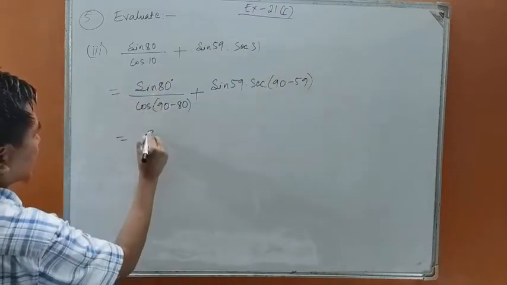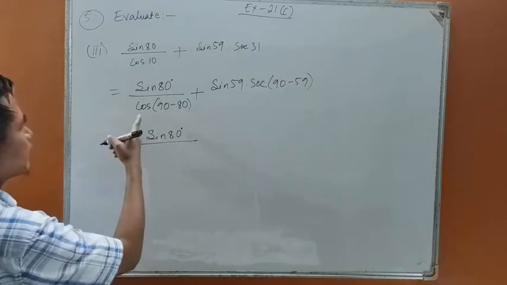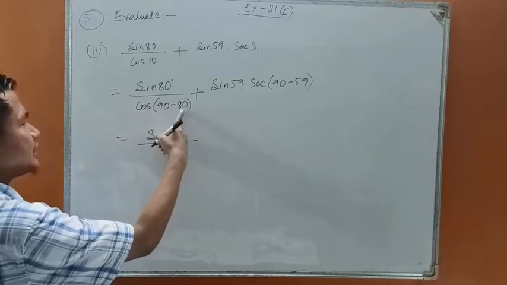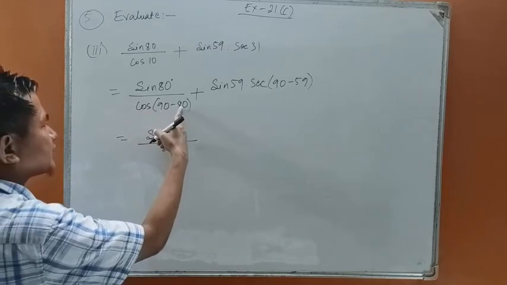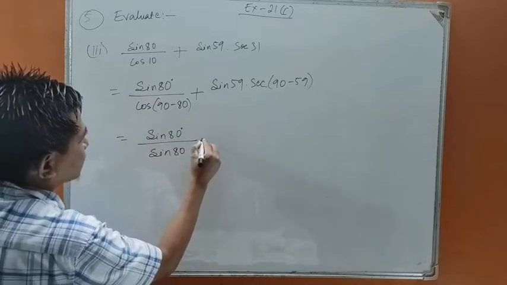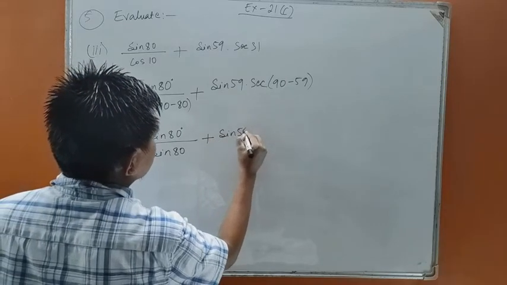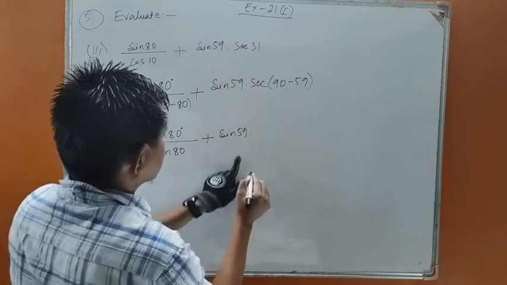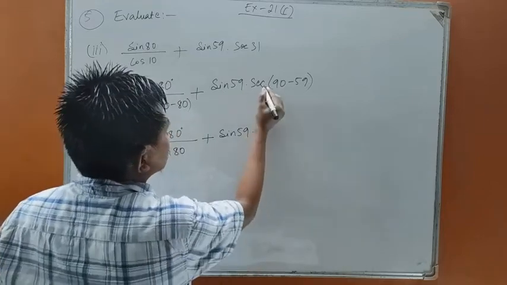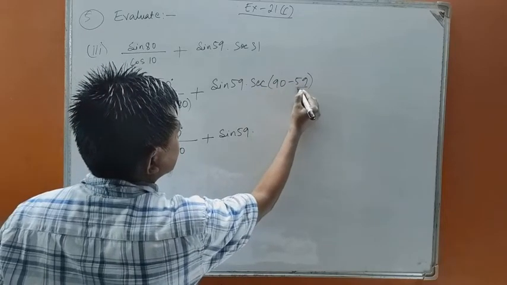Okay. So sin 80 is in the numerator. In the denominator we have cos of 90 minus theta, where theta is 80 degrees, so cos of 90 minus theta is sin theta. So sin 80 plus sin 59 into sec of 90 minus theta, where theta is 59.